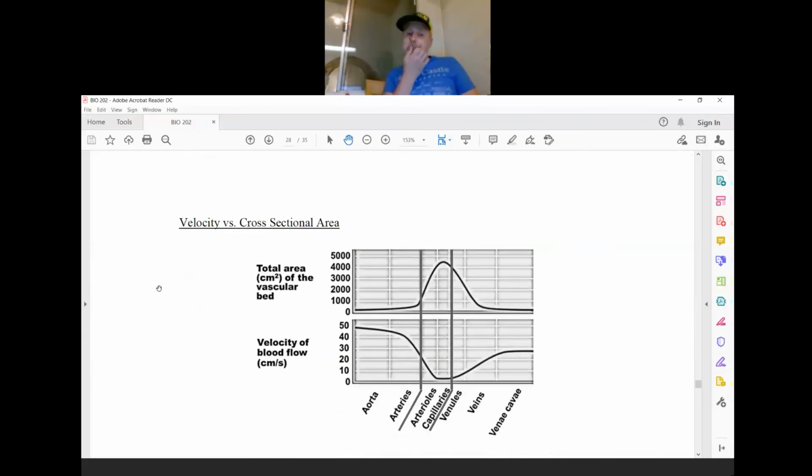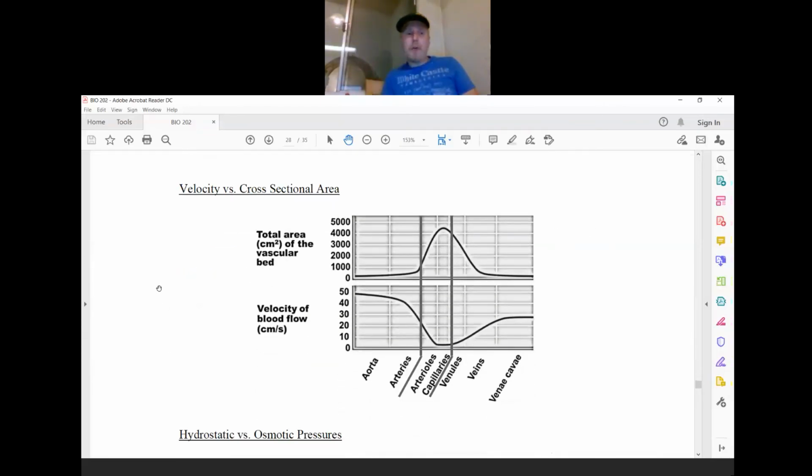What is important to know in terms of the blood flow is that the speed of the blood in the cardiovascular system, in the different parts, either in our arteries or in our veins or in our capillaries, is dependent on the cross-sectional area of that region.